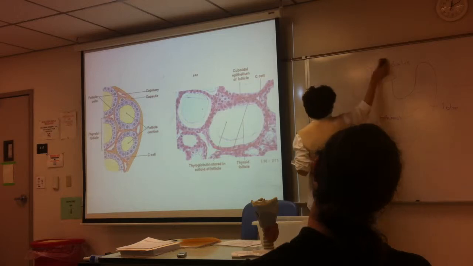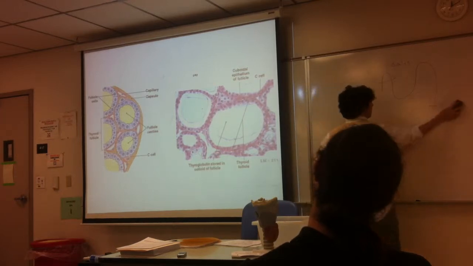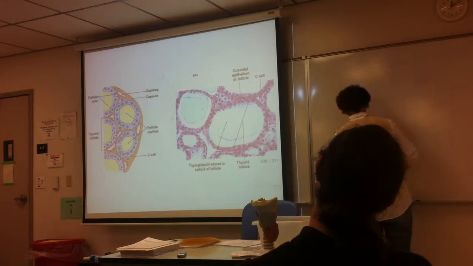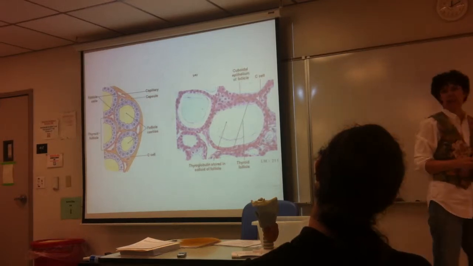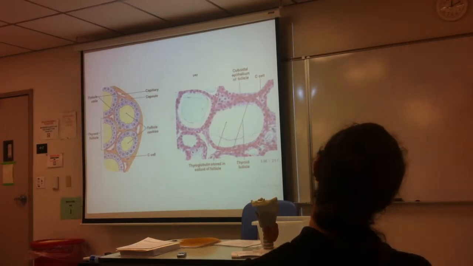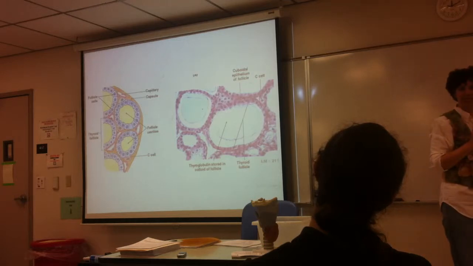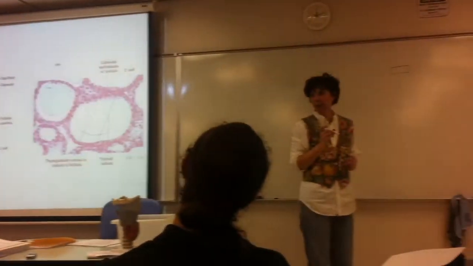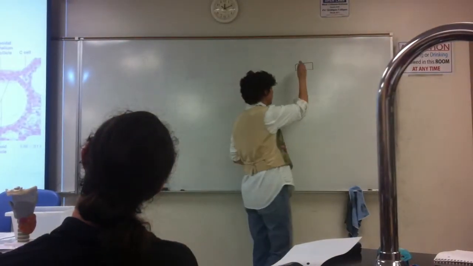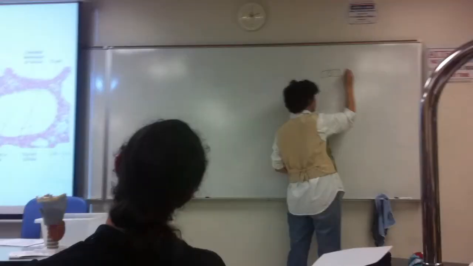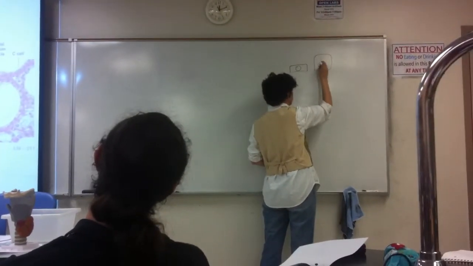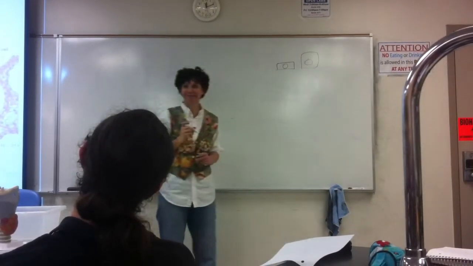Some of those cells may not appear to be simple. When I teach histology, I don't like many of the illustrations that show simple squamous like that. That's really an inactive simple cuboidal. So you'll see simple cuboidal cells that look like this, and you'll see simple cuboidal cells that look like that.